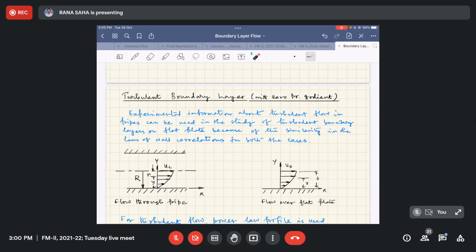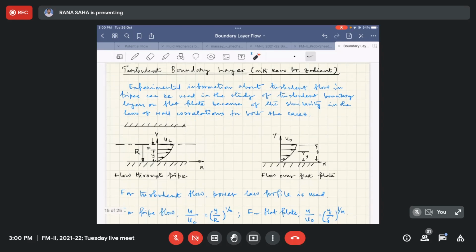Here also we consider zero pressure gradient. But one interesting aspect of this particular study is that in the turbulent boundary layer, we have used an analogous method.